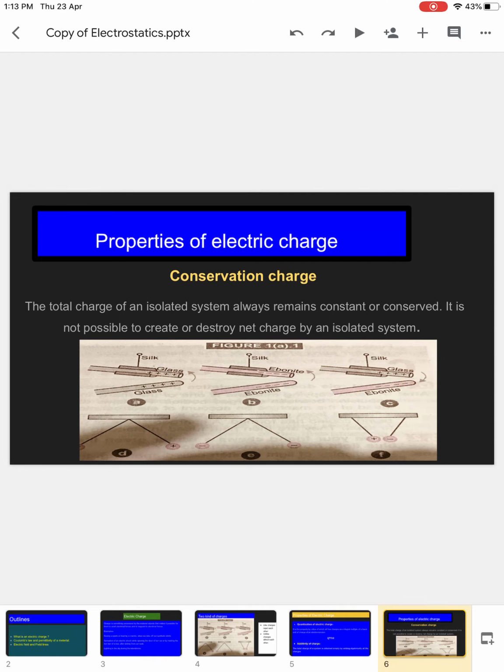It transfers some electrons to the silk. So a deficiency of electrons gives it a positive charge, because electrons are negatively charged particles. That means if the glass rod transfers 5 electrons, the silk will get those 5 electrons. So you can only transfer the charge, it cannot generate new charge. That is called the conservation of charge.